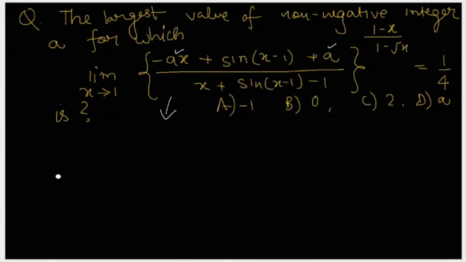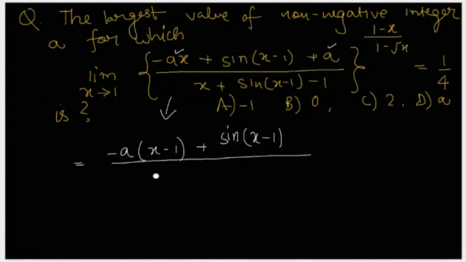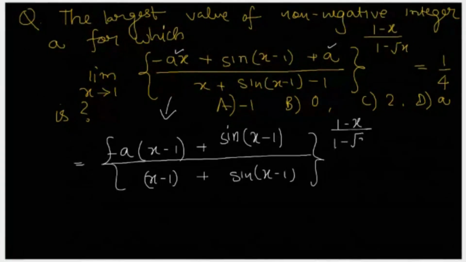Write a as a times minus a times (x minus 1), plus sin(x minus 1), by (x minus 1) plus sin(x minus 1). This will be raised to the power (1 minus x) by (1 minus √x).